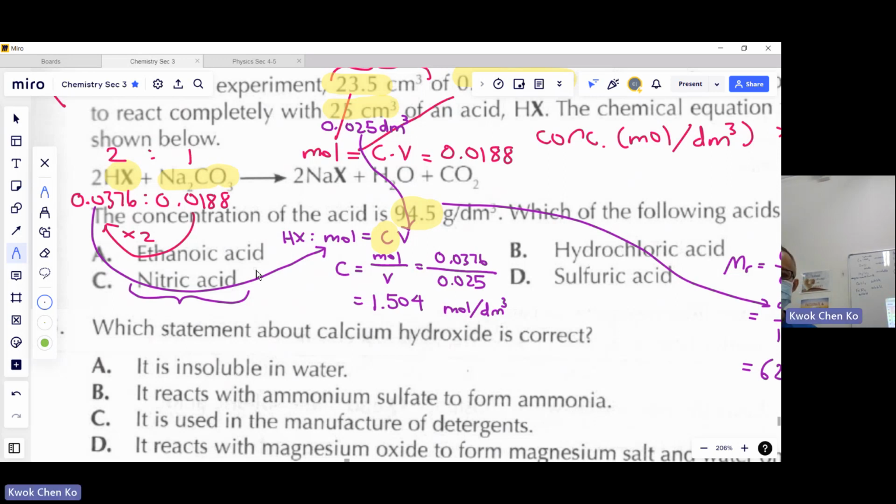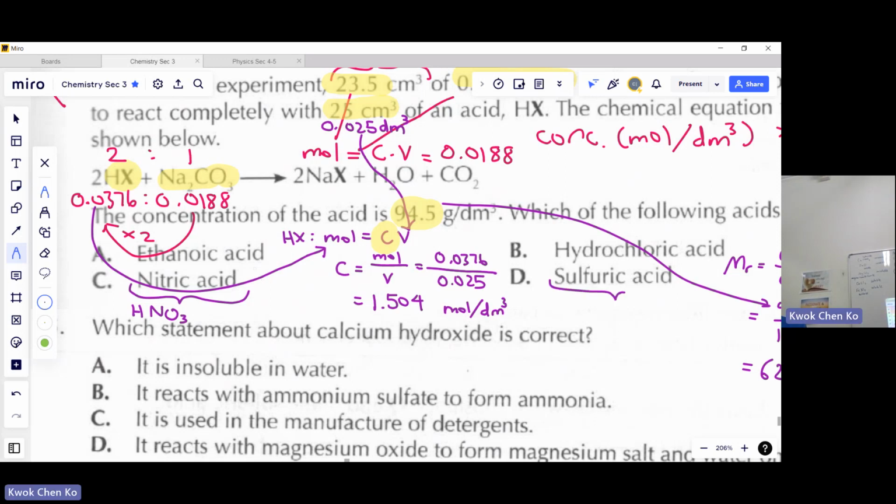Anyone needs a periodic table? Guys, you're expected to know the formulas. What is the nitric acid formula? You must know. HNO3.